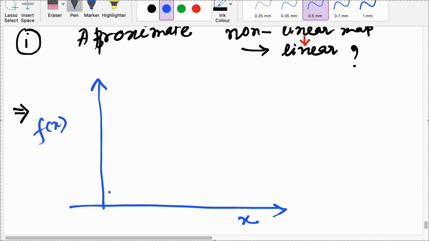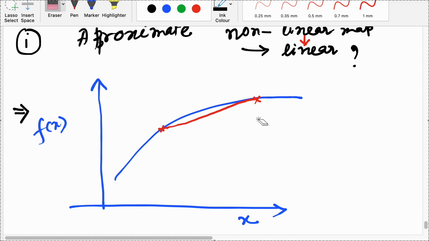Now let's draw some non-linear map. Suppose this is a non-linear map. Now if you connect these two points, A and B, by drawing a straight line, it's not looking quite like a straight line.